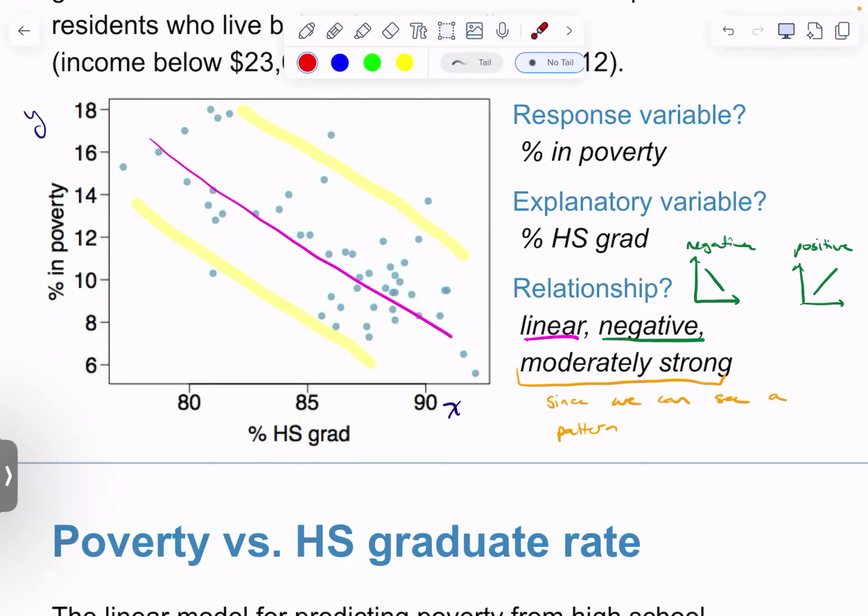In this case, we could reverse these, there's no obvious choice for the response variable or the explanatory variable. In those situations, I would just give you the scatter plot, and then you'll know from the scatter plot which one is your response variable and which one is your explanatory variable. Okay. And so that's good.